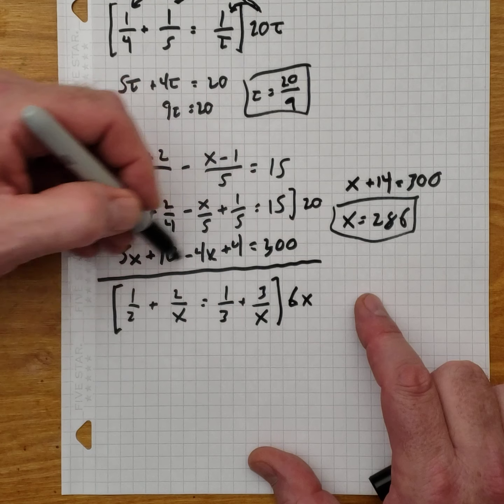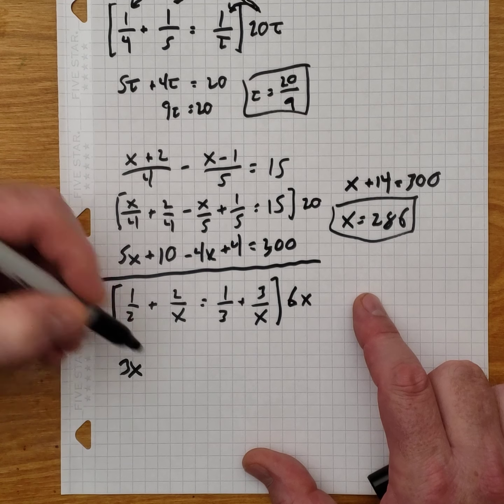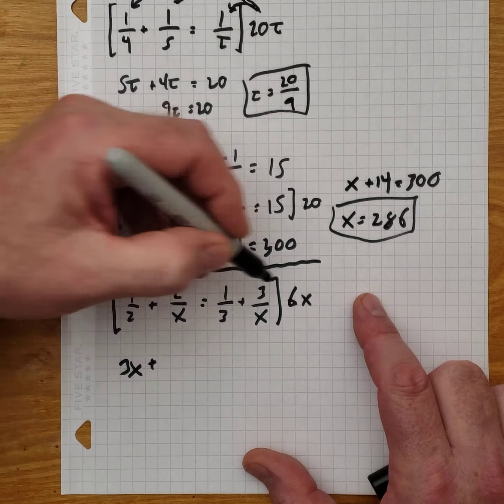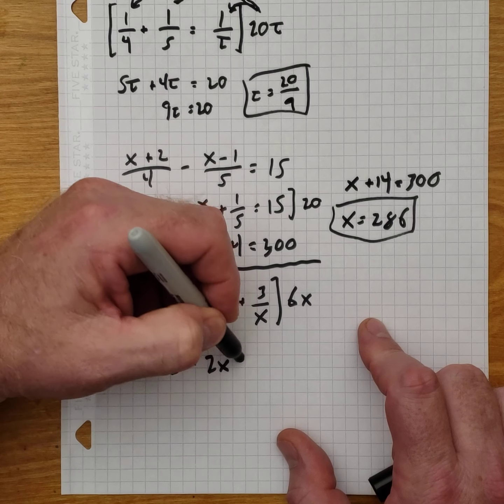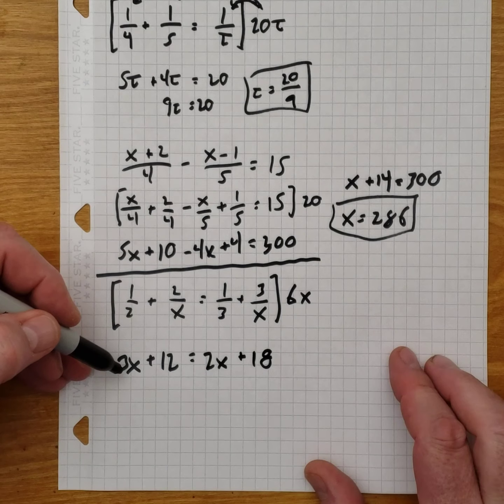And then just distribute. 6x divided by 2 is 3x times 1. 6x divided by x is 6 times 2 is 12. 6x divided by 3 is 2x times 1. And then 6x divided by x is 6 times 3 is 18. Equation's gone.